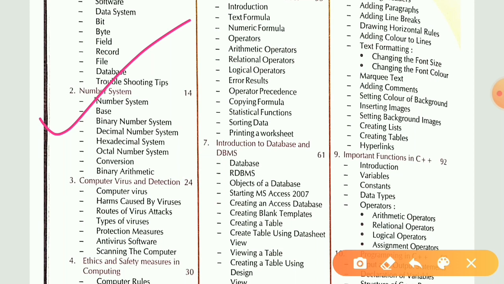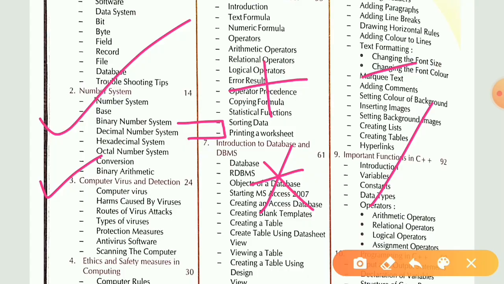Basically the conversion we will learn in these two types of number systems: binary to decimal as well as decimal to binary. And at the very last we are going to see binary arithmetic, in which you will be doing addition, subtraction, multiplication as well as division on binary numbers. So without wasting any more time, let us start your unit number 2, that is number system.